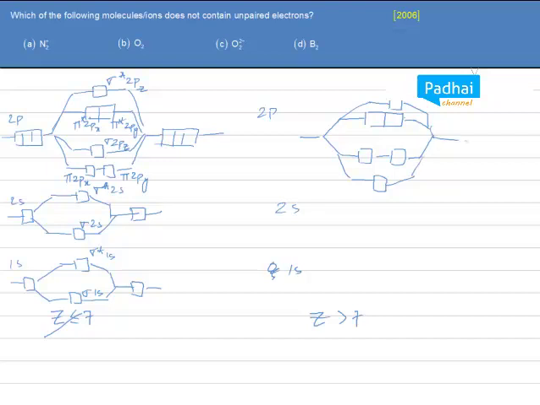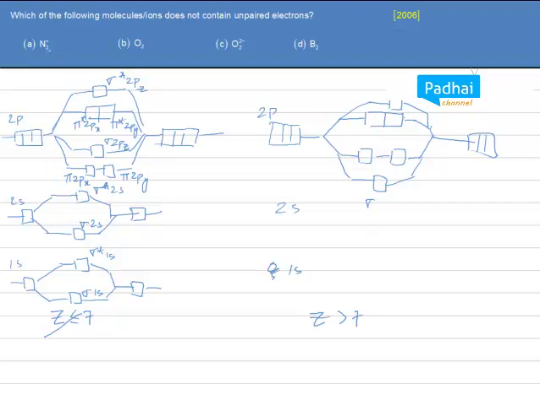So this is basically the difference, right? What happens is pi 2px and pi 2py go up and sigma 2pz comes down, right? So this is what basically happens.